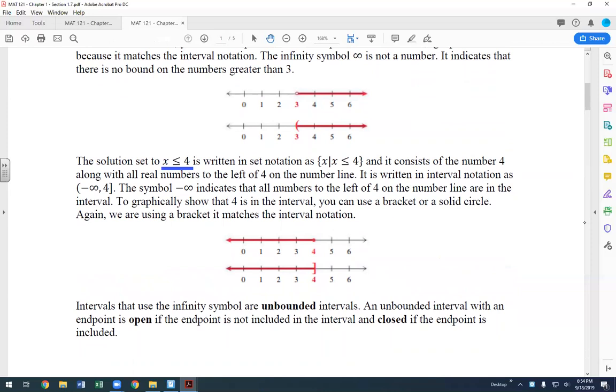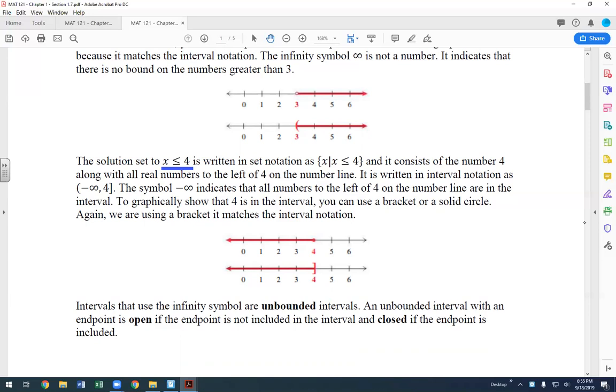So this guy here is saying 4 itself is going to work, but then anything smaller than 4 will also work till you get to negative infinity, which you really cannot get to. So you will notice we use open circle for strictly less than or greater than. We use a closed circle when you're including the number. Parentheses for not including, brackets for including. So that's how we can tell the difference.